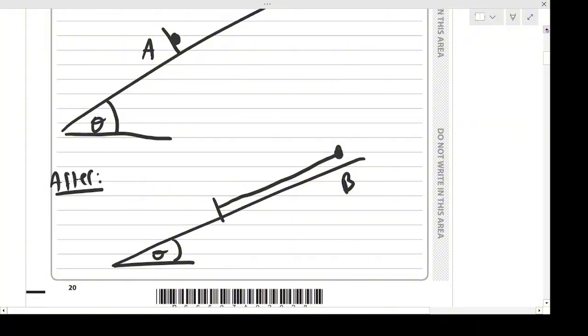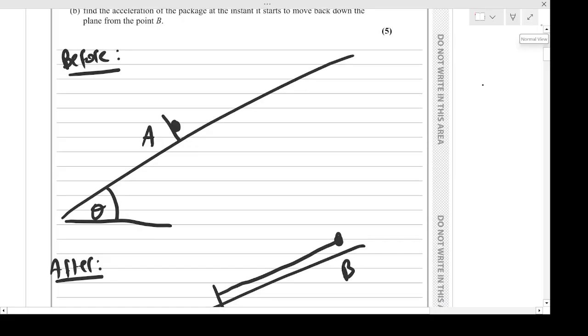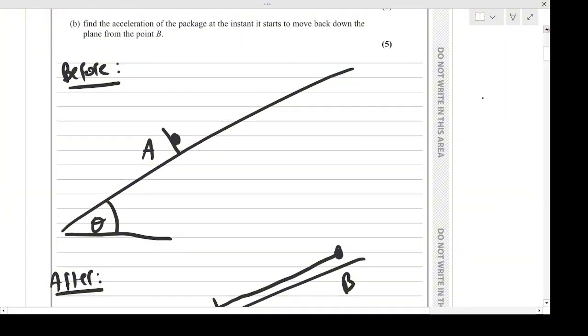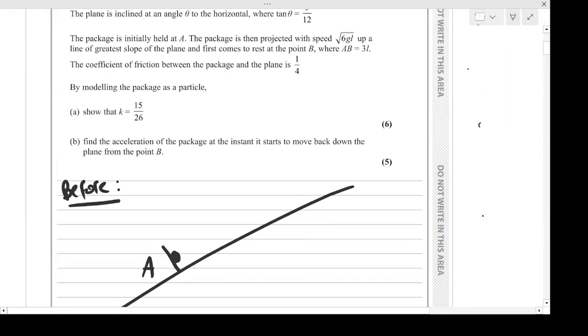So what I could do is consider the energies involved between the before and after. If I add the information on from the question, firstly, I'm told the package is projected from A with speed root 6gl, so I can label the speed here to be root 6gl.